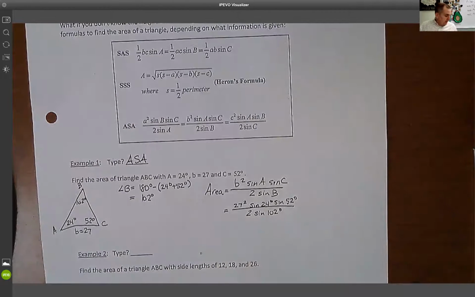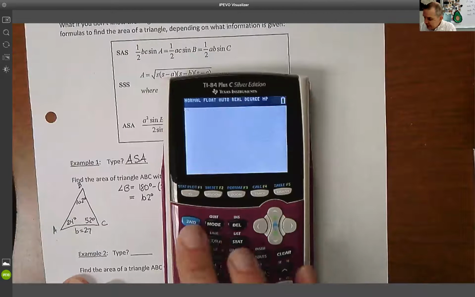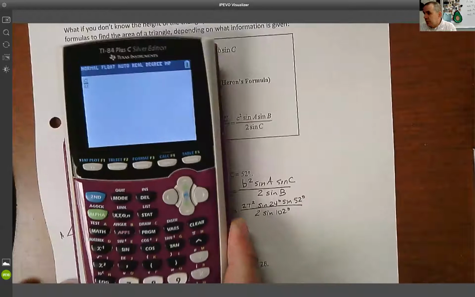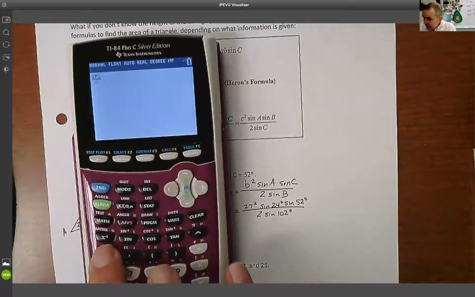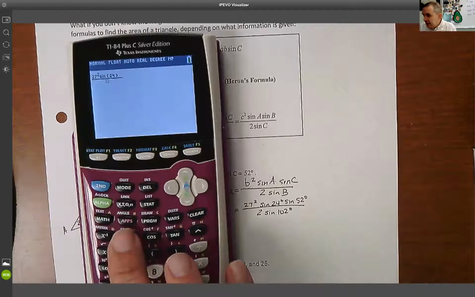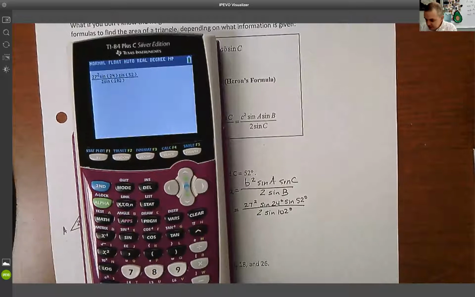We grab our calculator, press alpha y equals, which gets us our fractions, enter, and then put in the expression: 27 squared sine 24, close the parentheses, sine 52, close parentheses, arrow down, 2 sine 102, close parentheses.